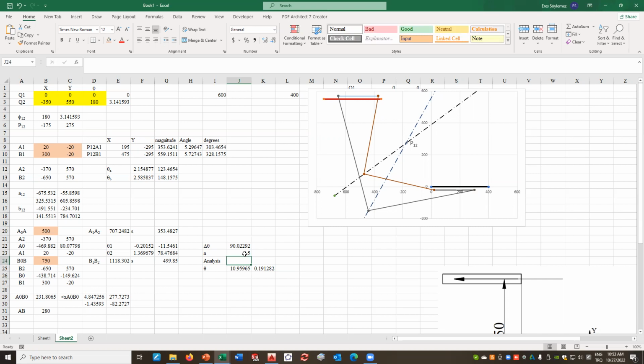I want to determine the position of the other links. Can anybody think of some way to do that? Can you think of something from 301?